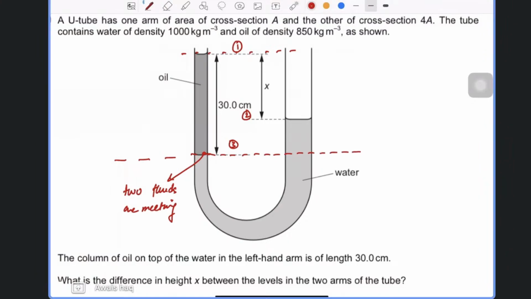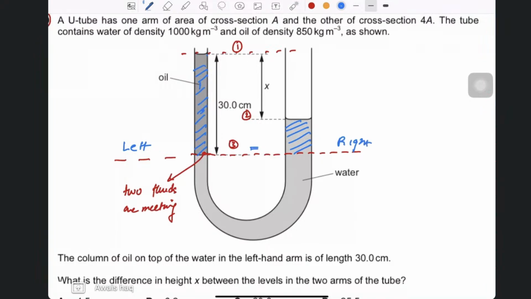Which means now this side and this much on that other side have equal pressure. So right now you can put the left side equal to the right side. Will you be able to solve this? Do you know what will be the height of the water on the right?